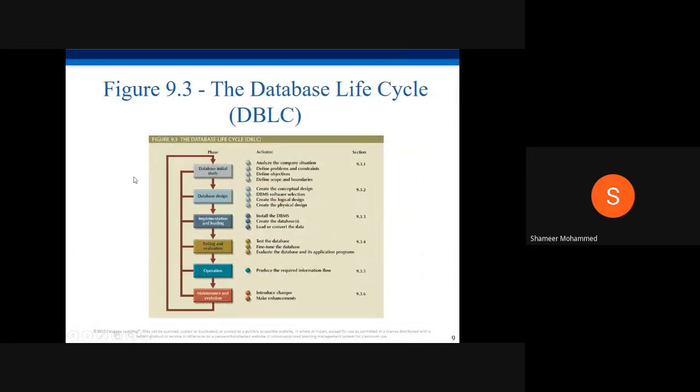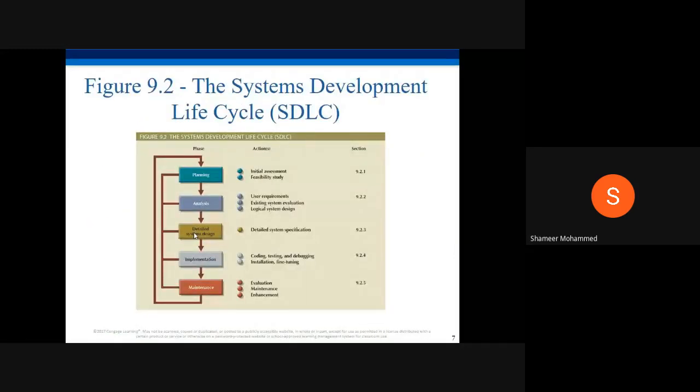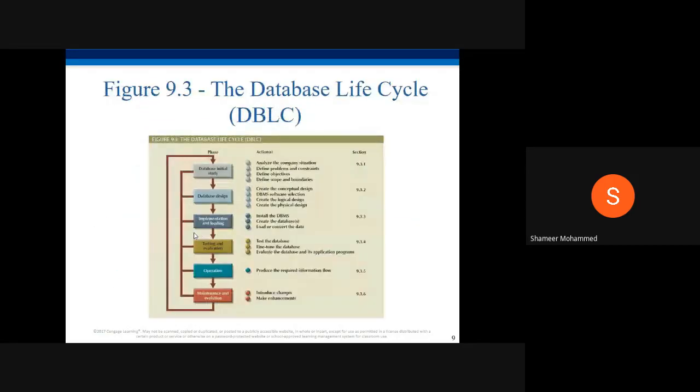So this is the complete life cycle we will follow in order to do the design of the database. The systems development life cycle is different. That is applied for the entire system, and this is only a part of your system, the database design. This is only one single unit.